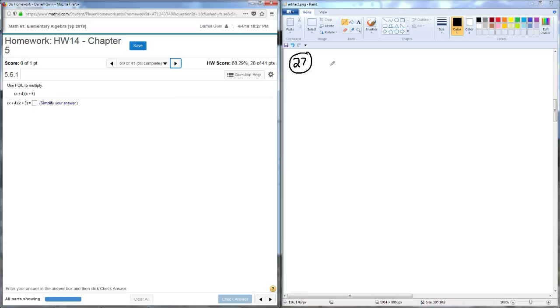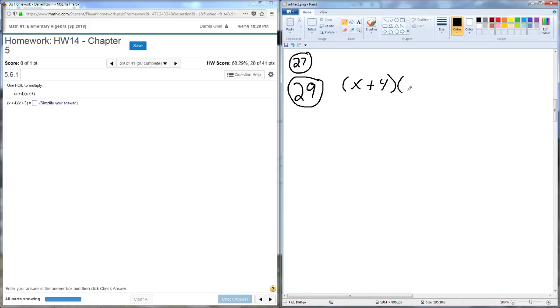FOIL. Alright, here we go. 29. It is x plus 4 times x plus 5. X times x is x squared. X times 5 is 5x. 4 times x is 4x.